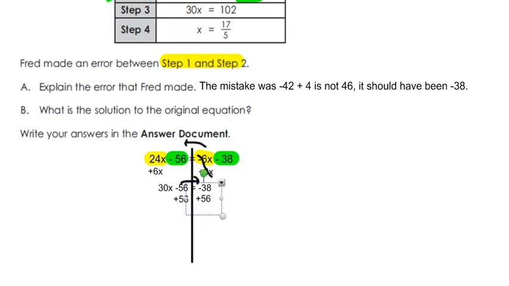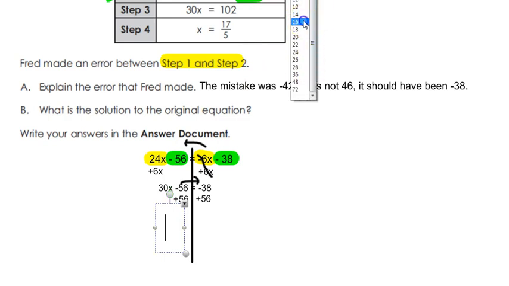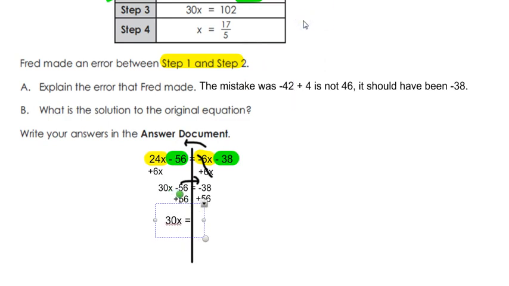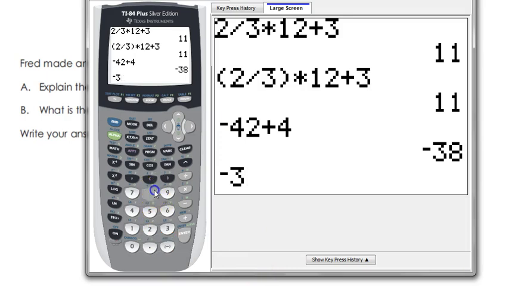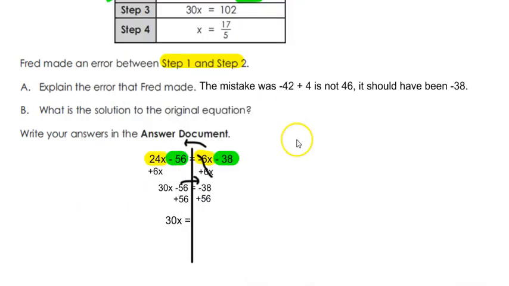And then we have 30x equals whatever negative 38 plus 56 is. So negative 38 plus 56, 18. So we have 18. And notice when I'm solving my equations, I'm trying to keep my equal signs all aligned onto that line. That just helps with organization.